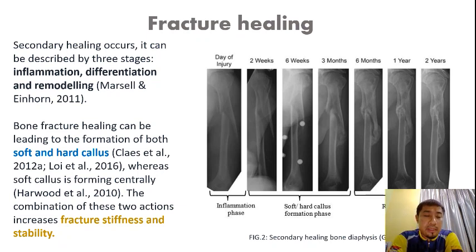The thing that I want to highlight here is, if we are able to model the soft and hard callus formation in any prediction of bone healing, for sure we can configure the accurate primary and secondary stability of the bone, and that refers to fracture stiffness and stability.